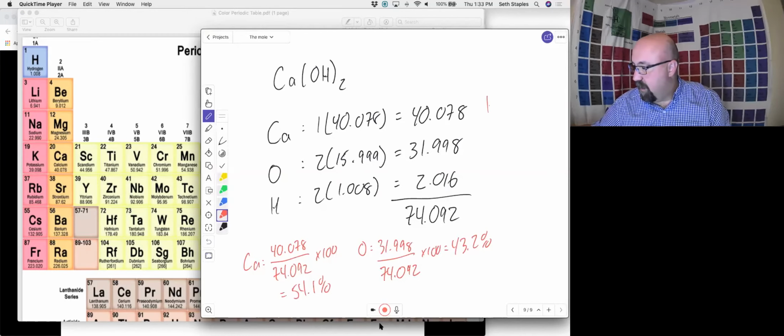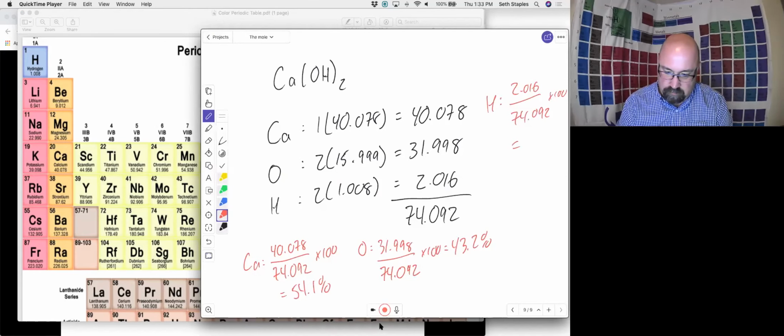That gives 43.2%, and then finally hydrogen, 2.016 divided by 74.092. 2.72% hydrogen. So that's all percent composition is: you're dividing the contribution of each element to the mass by the total molar mass of the whole thing.